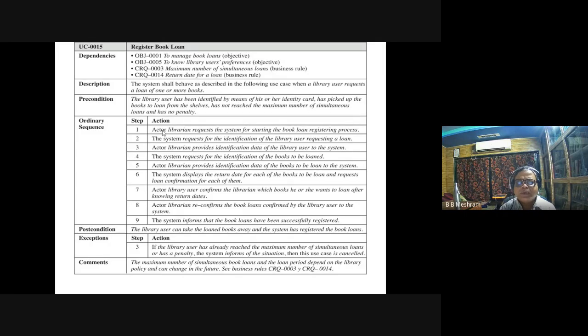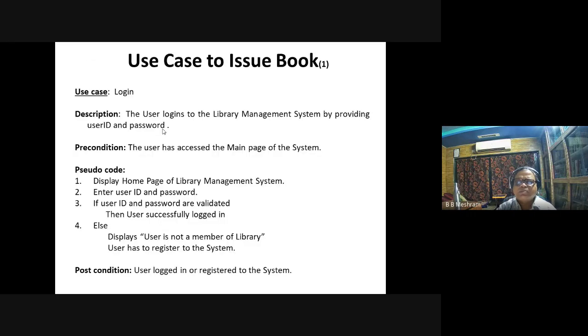Due to this precondition and post condition, you can recognize how this use case is associated with some other use cases. The post condition may relate the system with some other use case, and therefore, due to these use case templates, you will try to understand the flow of information of the system.